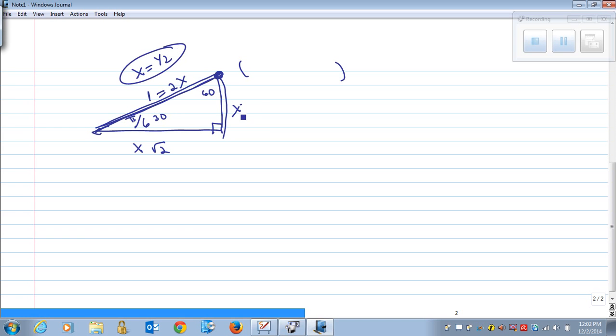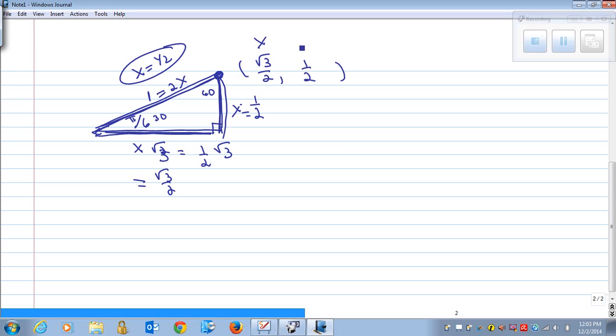And x square root of 3 would be 1/2 square root of 3, which would equal the square root of 3 over 2. And those were our values a while ago. This would be our x value in our ordered pair, the square root of 3 over 2. This would be our y value, which would be 1/2.